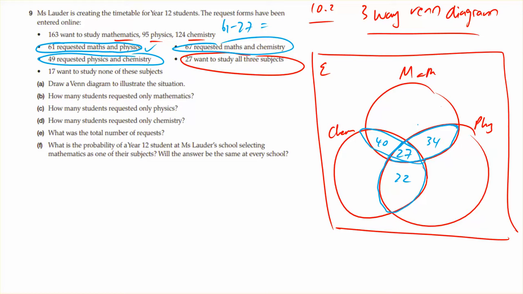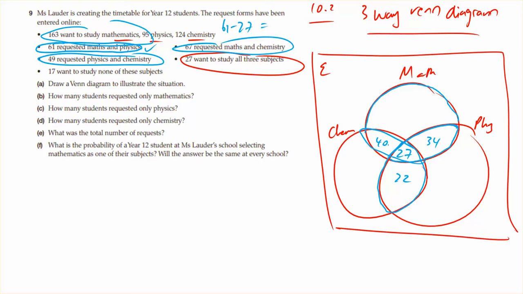Now the last thing is we just need to work out the rest of the circle for each one. So let's look at maths first. How many people study maths? 163 study mathematics. So the total of the maths circle must be 163.